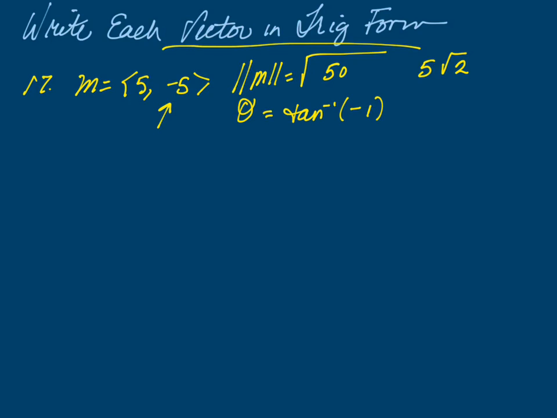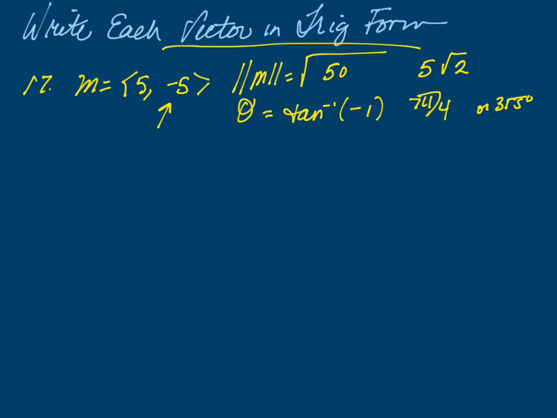So it would be 7 pi over 4. No, yeah, 7 pi over 4, or 315 degrees.